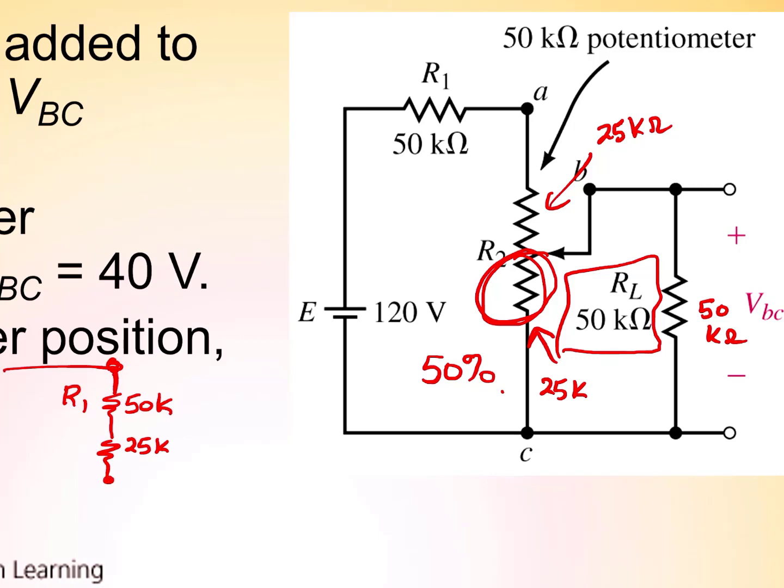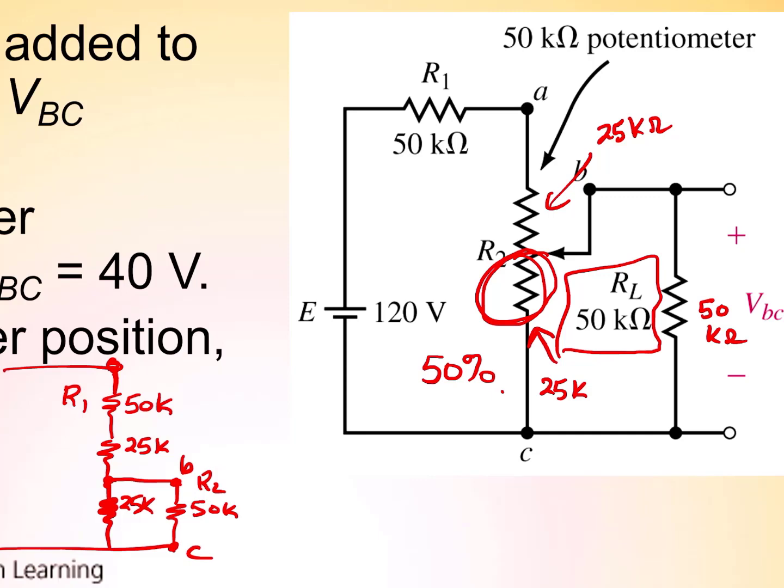Then you'd have a current division node and have 50k over here as R load. And then you'd have the remainder of the potentiometer's resistance of 25k here, and that would become your circuit. This would be your point C. This would be your point B.